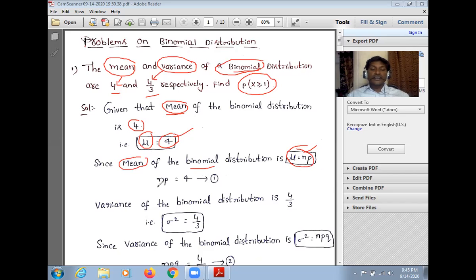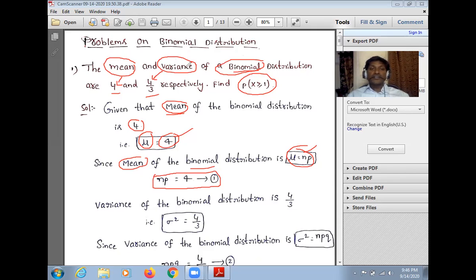So np is equal to 4. From the given information and what we already know, we wrote np equal to 4, and let it be equation 1.